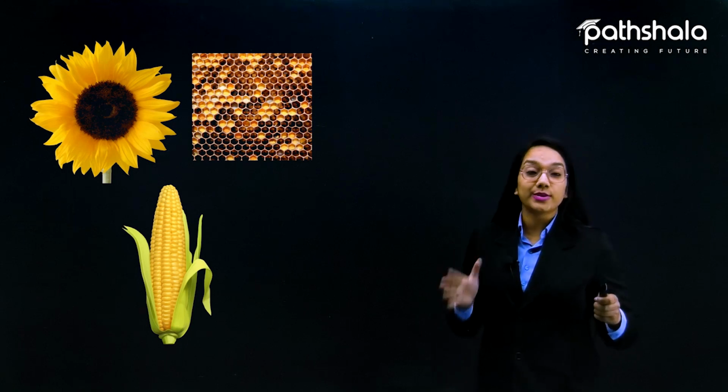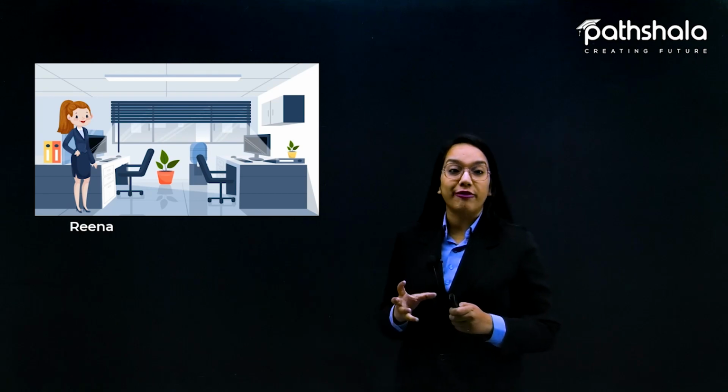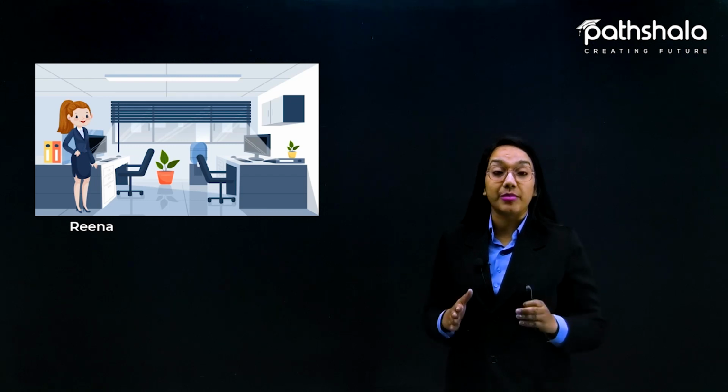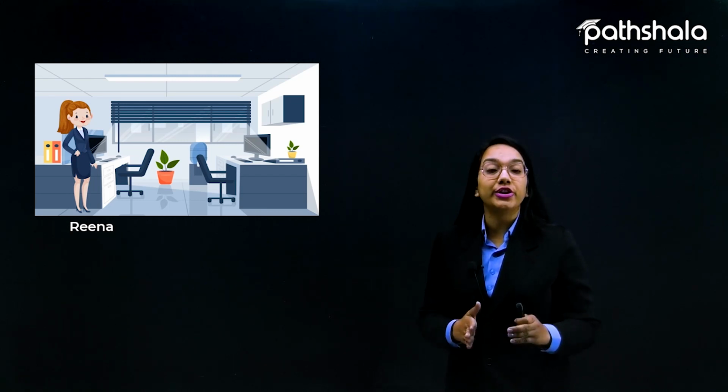And let's now relate it with our real life. As we know, in our day-to-day life, we also come across certain kinds of patterns. So let us suppose I generate a situation that Reena got a job in a firm and she got selected there, and her monthly salary is rupees 8,000, and it is decided that she will get an annual increment of rupees 500 each year.